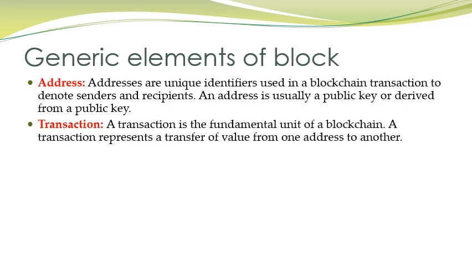Then the second element of blockchain technology is transaction. A transaction is the fundamental unit of a blockchain. A transaction represents a transfer of value from one address to another address. There are several types of transaction, and each block in the blockchain contains transactions.